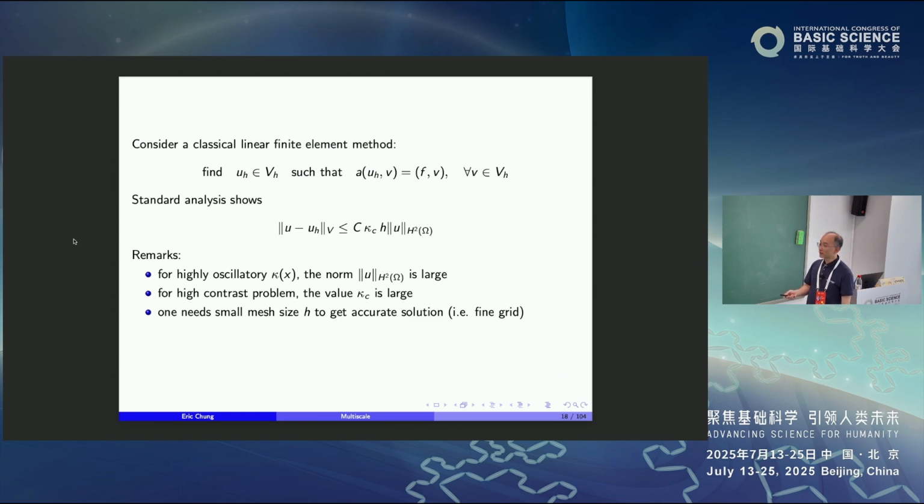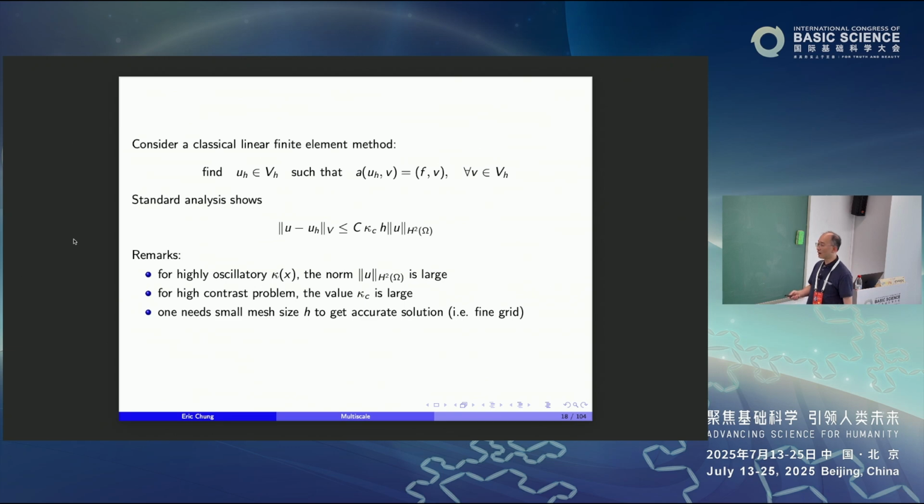Now, if you look at the standard analysis, you see that the error of the approximate solution is bounded above by this quantity over here. Here I have a few remarks. For highly oscillatory kappa, we know that the H2 norm of the true solution is very large.